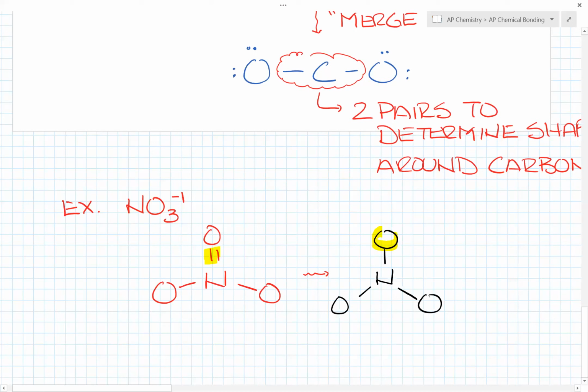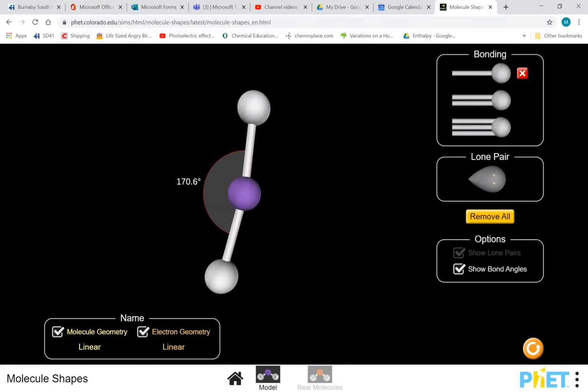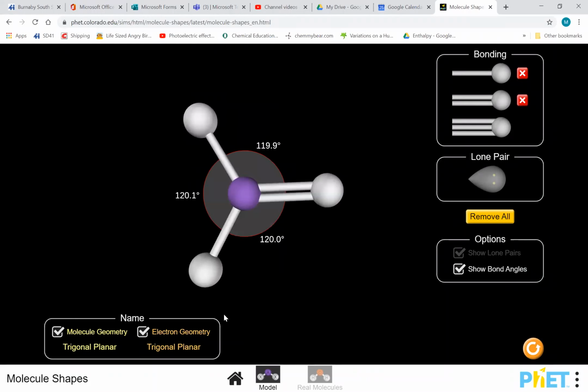If we were to take a look at the shape, using the bonds, you would have 2 singles and 1 double. Notice the molecular geometry is trigonal planar. The electron geometry is also trigonal planar. Why is it trigonal planar?